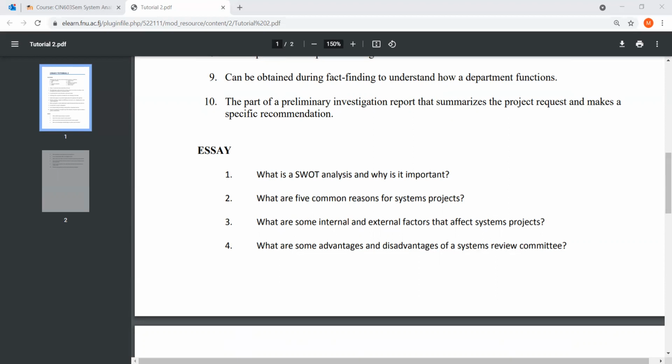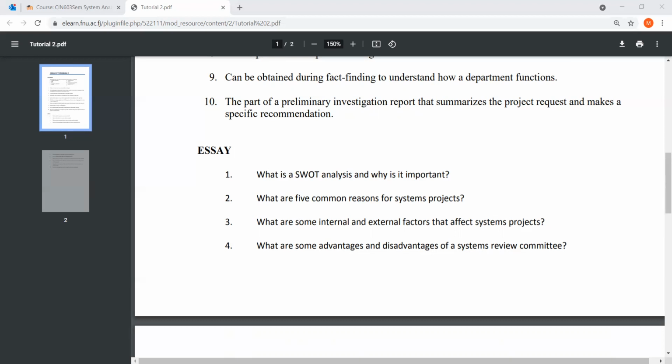Can you repeat the second point for question number 2? Second point is better performance. Thank you, Janesh. Let me repeat the entire thing. First one is improved service. Second one is better performance.